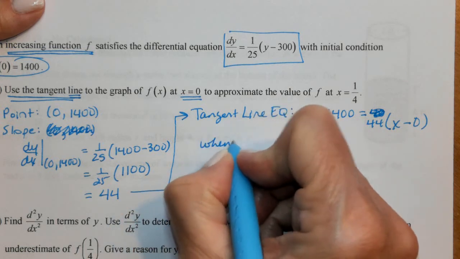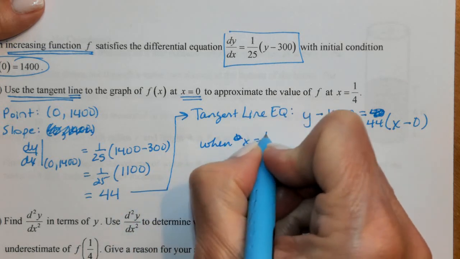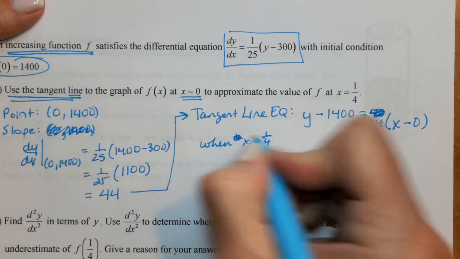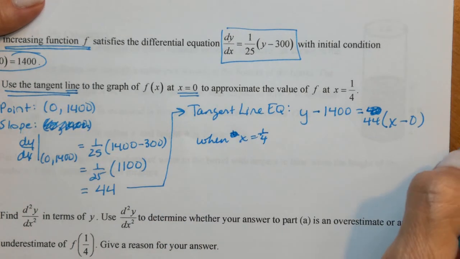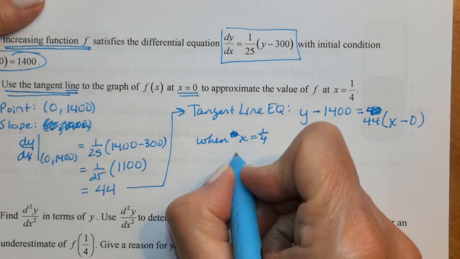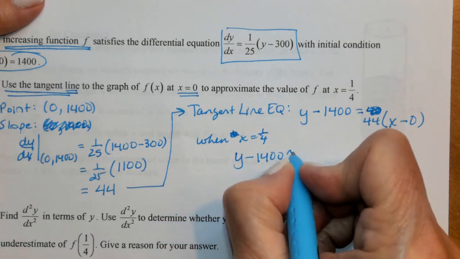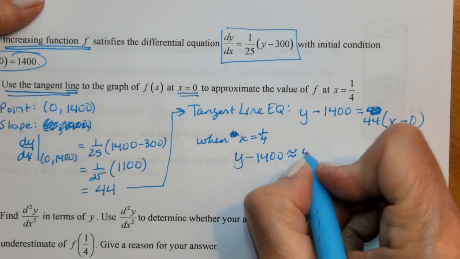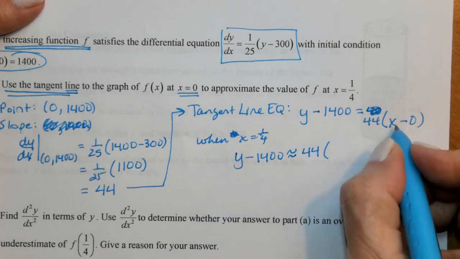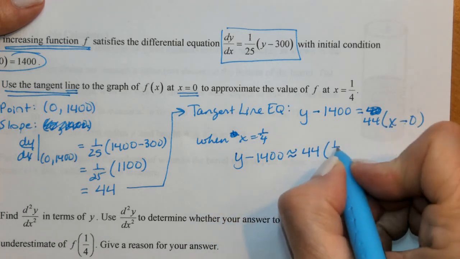When x equals a fourth, I need to stop because I keep making mistakes with my writing. When x is a fourth, y minus 1400 will be approximately equal to 44 times a fourth minus 0.